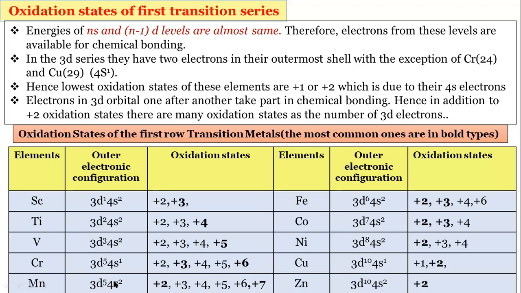When it is half filled, meaning d contains 5 electrons, it will be more stable. But remember, this statement cannot be applied here in case of chromium. So when manganese's 3d becomes half filled, it will be stable.